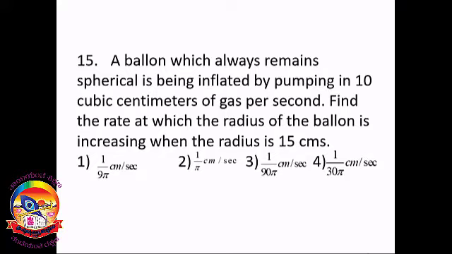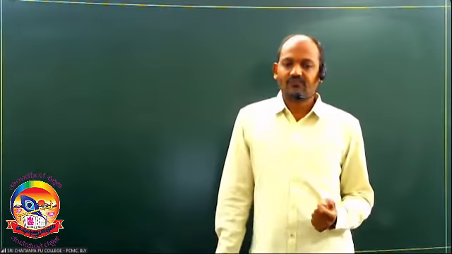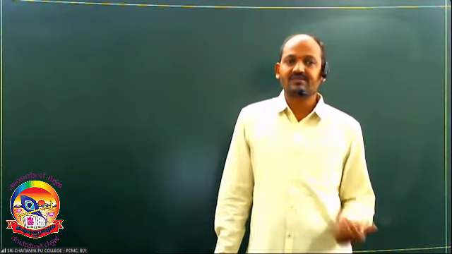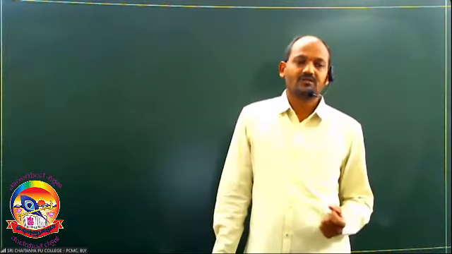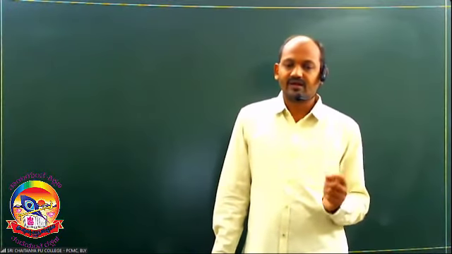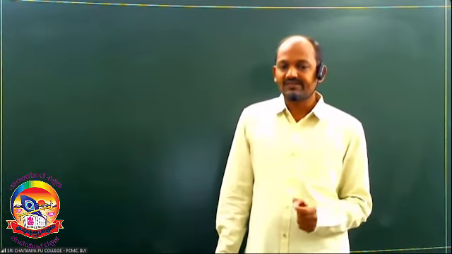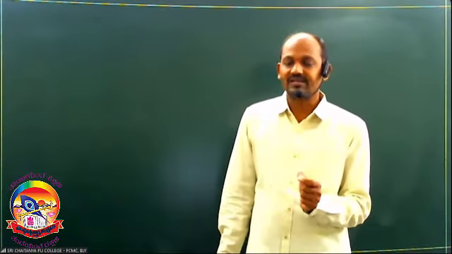First copy that one. Listen once again. A balloon which always remains spherical is being inflated by pumping in 10 cubic centimeter of gas per second. That means the given rate of change of volume of a bubble, dV by dt. Find the rate at which the radius of the bubble is increasing, that means dr by dt when the radius is 15 centimeters.